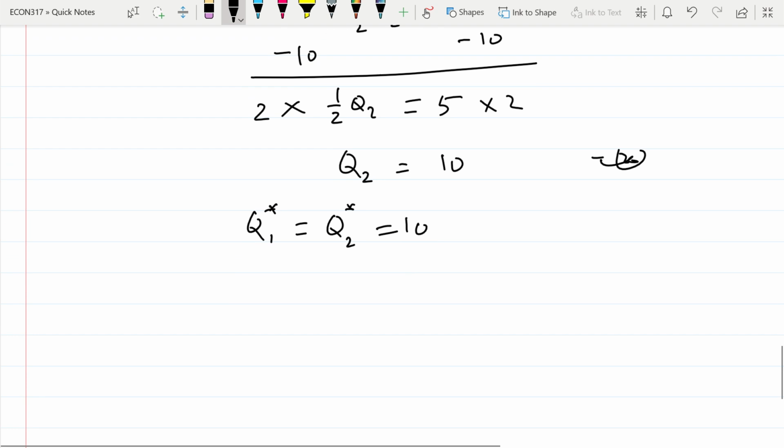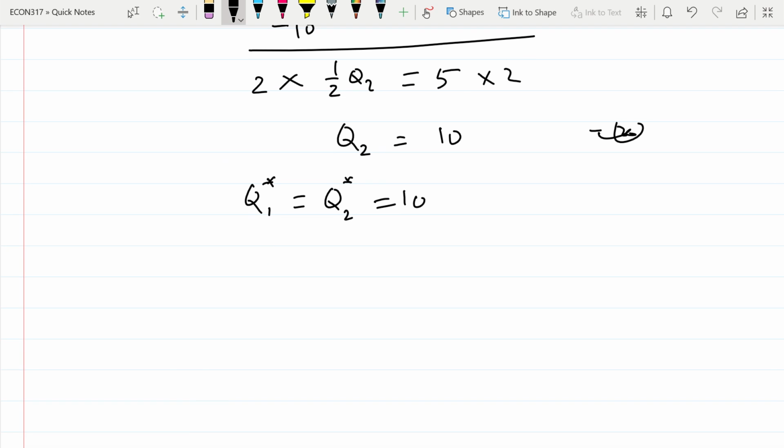If you had applied this to our earlier case, so suppose I wrote my reaction function R1, Q1 equal to (15 minus Q2) over 2, and use the idea of symmetry to claim that Q1 must be equal to Q2 in Cournot equilibrium.